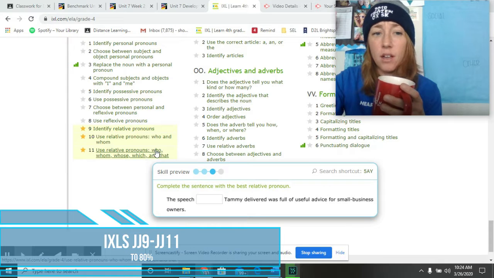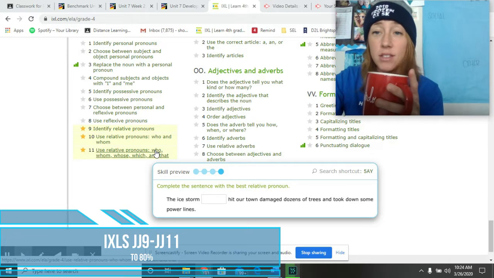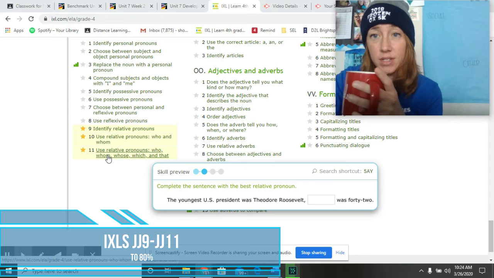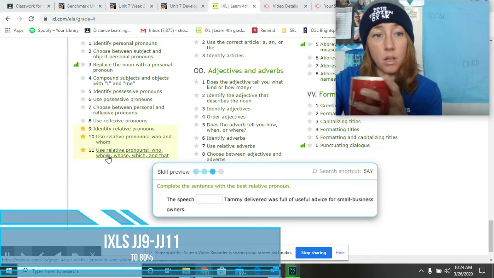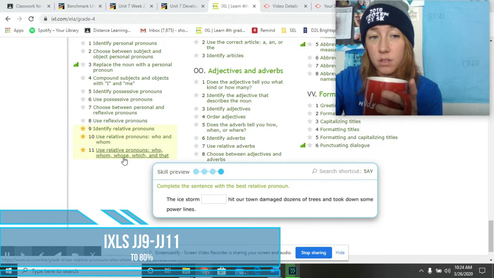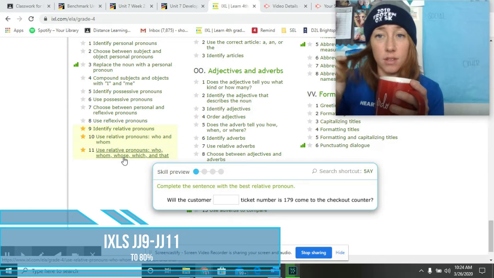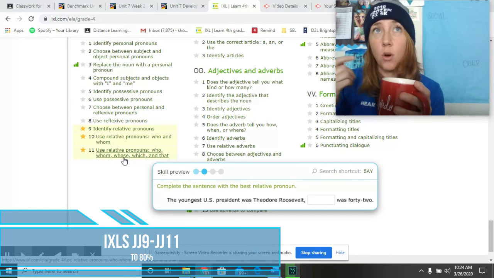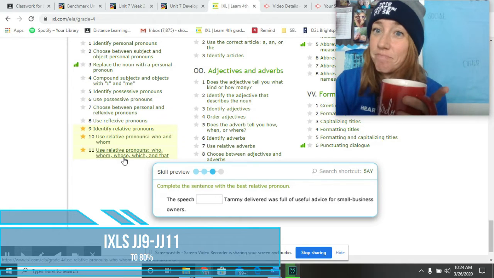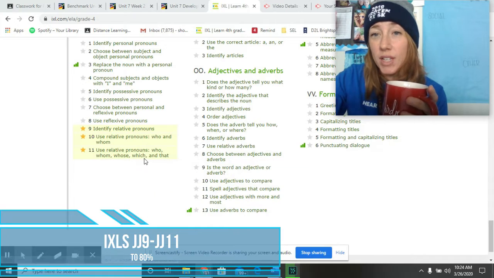The main things are who ties in with she, he, they. Whom is him, her, them. We use whose if it is ownership. Ms. Hogan, whose hair is usually kind of messy. It gives an extra description.